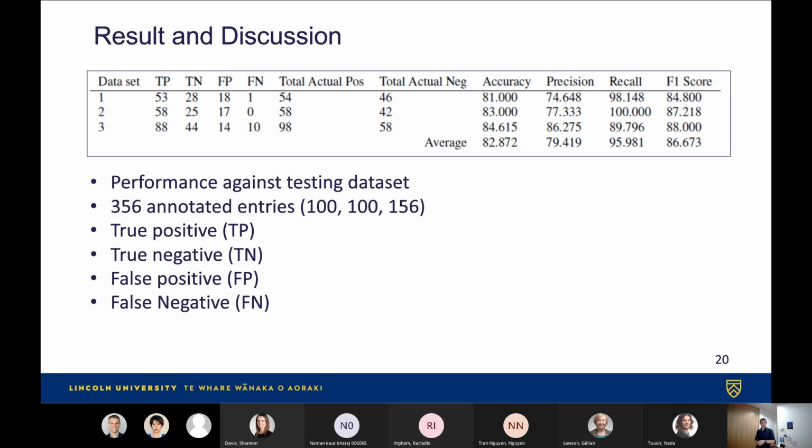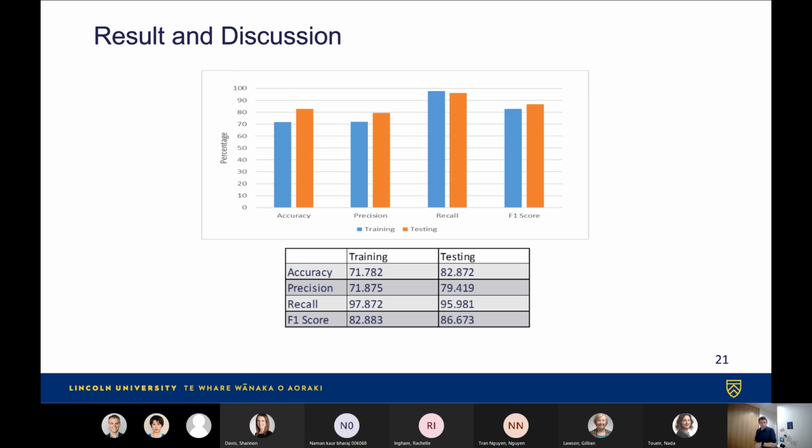So that's why that's up there so high. So this is comparing our training data set against our testing data set. You can see that actually we outperformed our training data set in pretty much everything, apart from recall, where it's slightly down, but still very good.